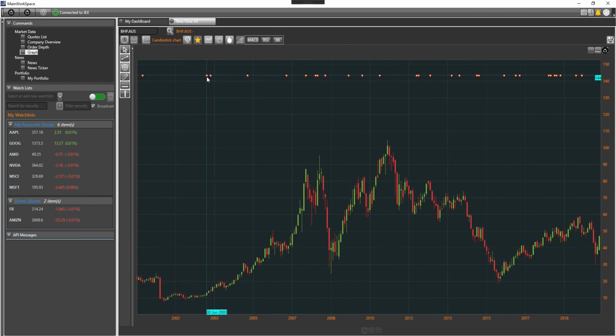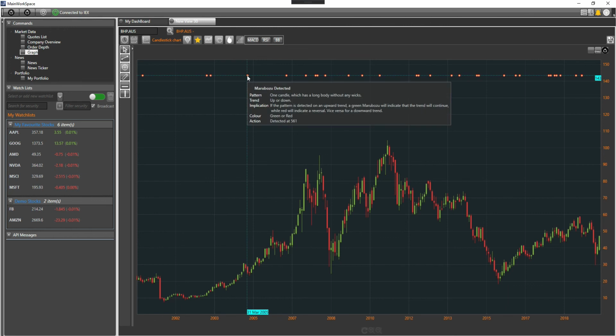Here we have a hammer detected. I believe it's a previous candle. That's this one there. And then here we have engulfing. Again, I believe it's those two candles there, or it could be this one. I haven't gone through all the patterns yet, but it looks very okay.